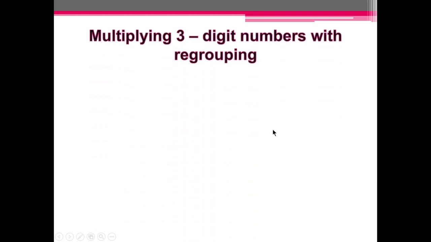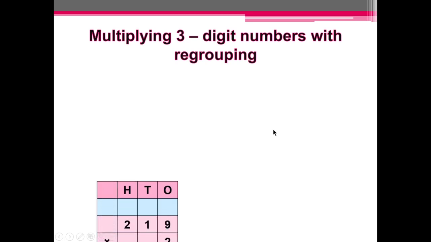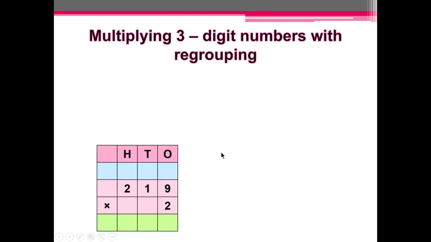Now, our next topic, multiplying 3-digit numbers with regrouping. This also everyone knows. Shall we take an example? Here is our example. 219 multiplied by 2. Can you tell me what we'll do first?